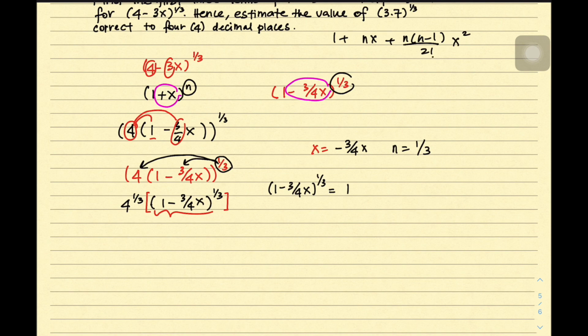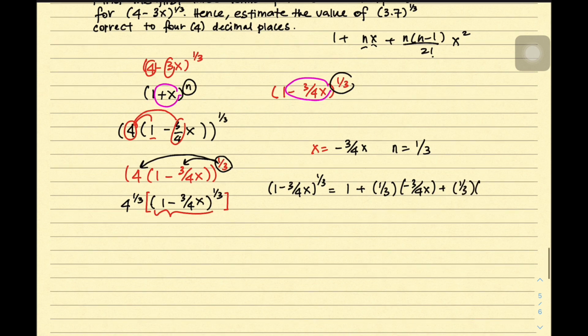So we have 1 plus n, so your n is 1 over 3, x, your x is negative 3 over 4x, plus dengan n, so n is 1 over 3, n minus 1, 1 over 3 minus 1, divided by 2 factorial x squared, so your x is negative 3 over 4 x squared. Right? So now we just need to simplify the expansion.